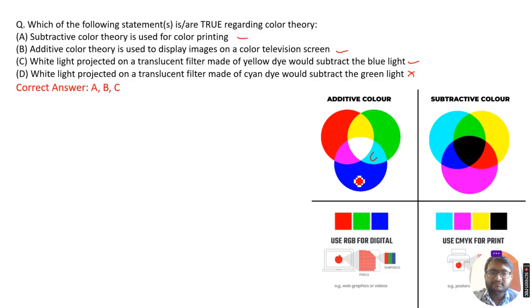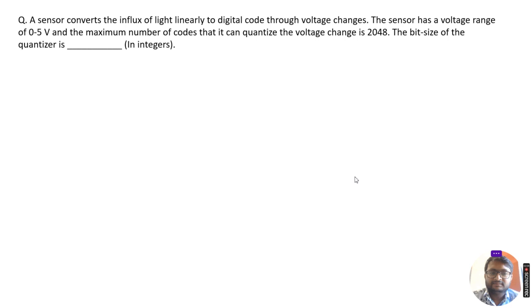After this, the next question is: let's say we have a sensor which converts light into different voltage changes based on the intensity. The sensor has a voltage range from 0 to 5 volts, and the maximum number of codes that it can quantize is up to 2048.